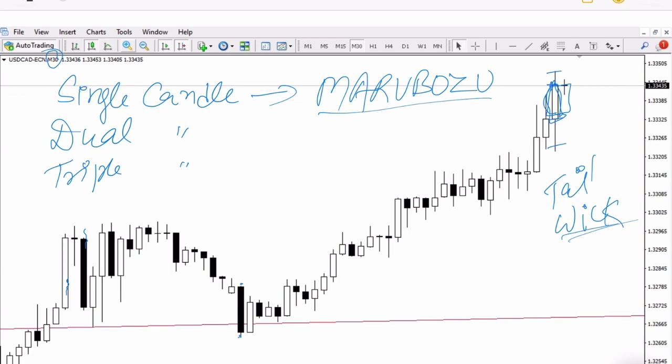A Marubozu candle can be bullish or bearish, and it suggests continuation in the same direction. For example, if we look at this candle, this is a look-alike bullish Marubozu, and it suggests upward continuation, but market did not continue to the upside. Then if we look at this candle, this black one, this is bearish Marubozu, which suggests downward continuation, but market didn't go to the downside.